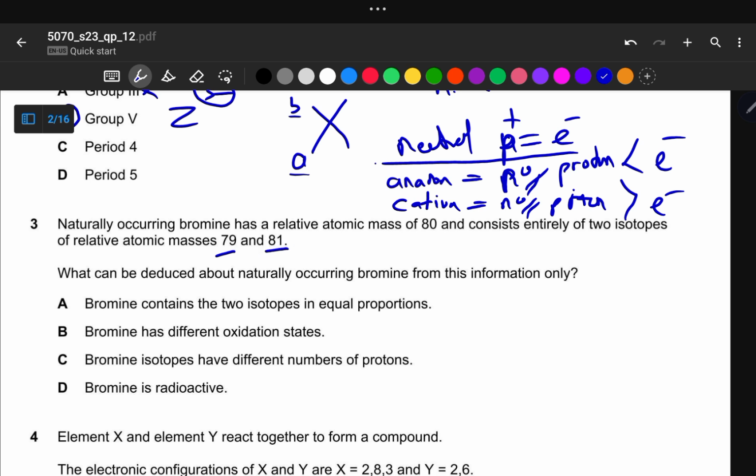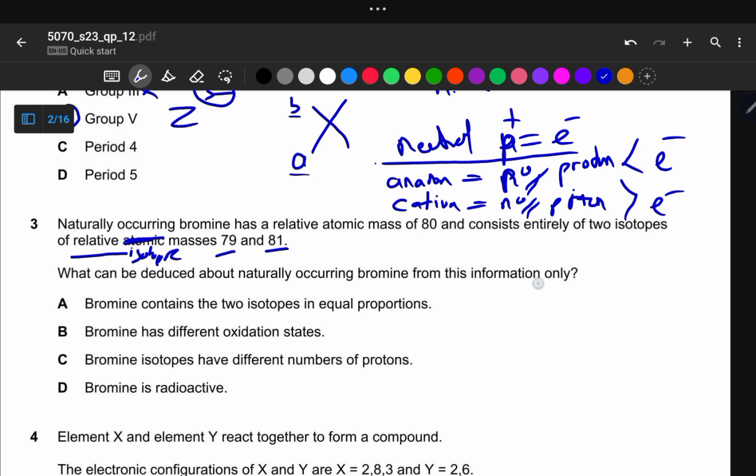So this is what we call the relative isotopic. So this one should be isotopic, not atomic. So this is very wrong. It's relative isotopic mass, right? Not relative atomic mass.